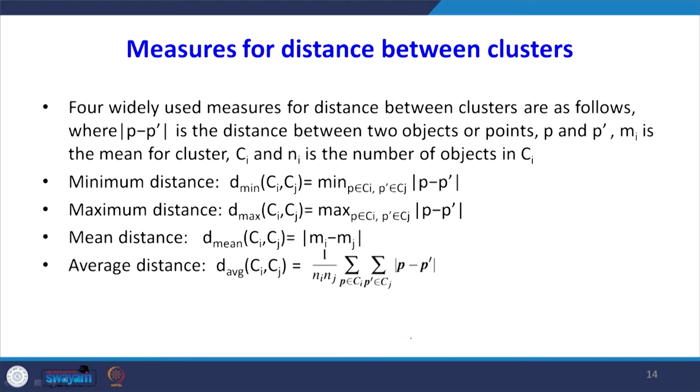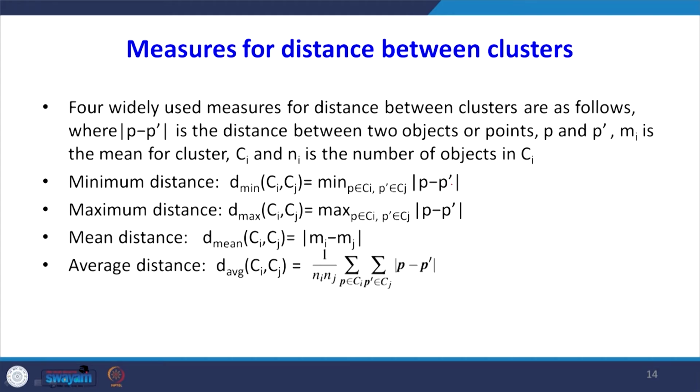The first measure is minimum distance: d min between clusters ci and cj equals the minimum of |p - p'|.